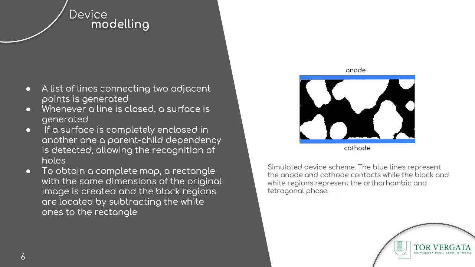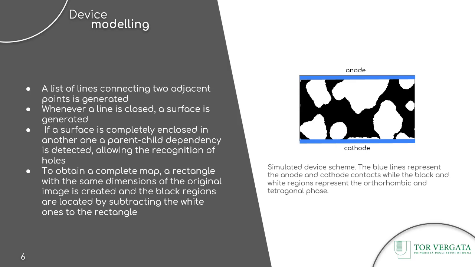A list of lines connecting two adjacent points is generated, and whenever a line is closed, a surface is generated. So if a surface is completely enclosed in another one, a parent-child dependency is detected. At this point, we're left with the outlines of the region.